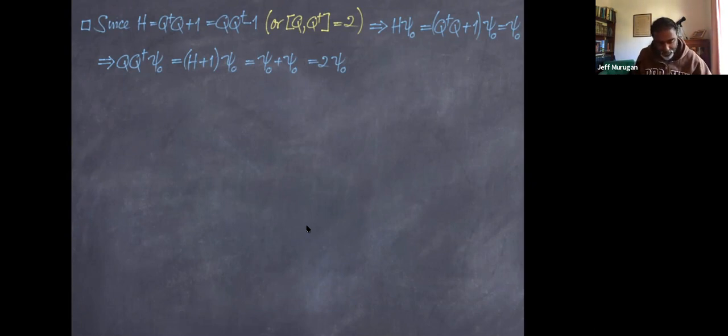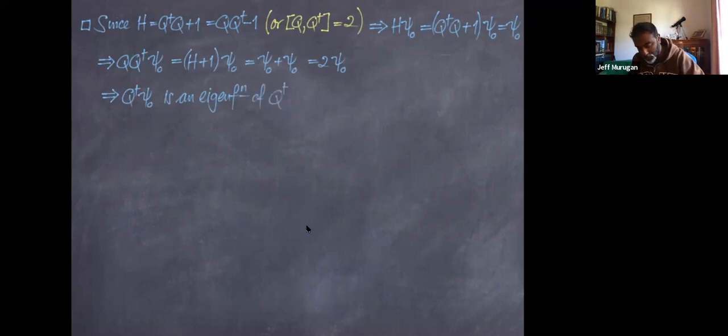But it also means that Q dagger psi naught is an eigenfunction of the operator Q dagger Q with eigenvalue 2. Why?